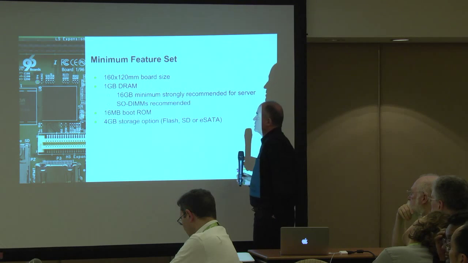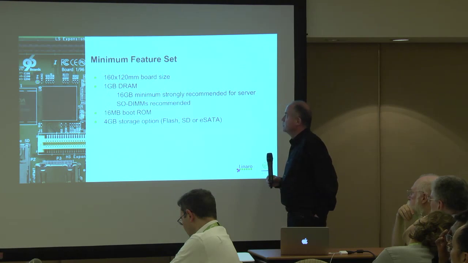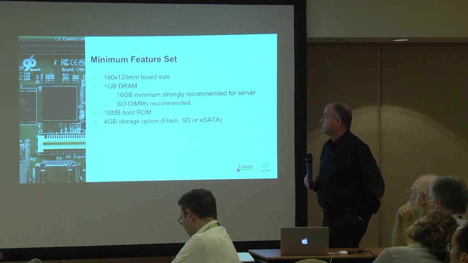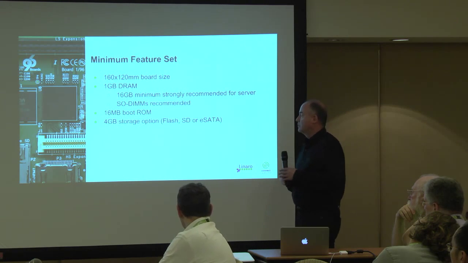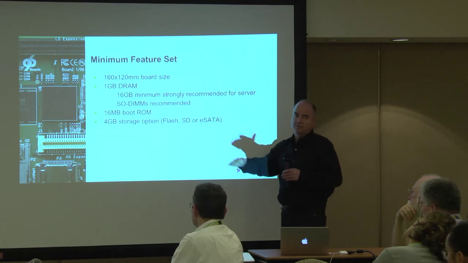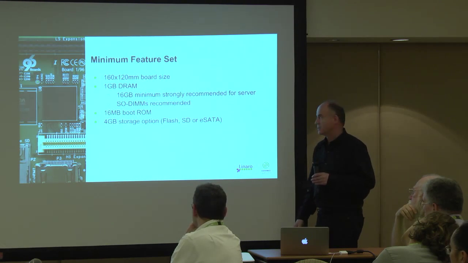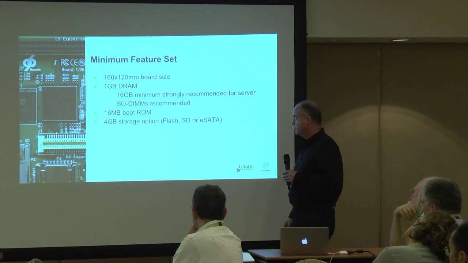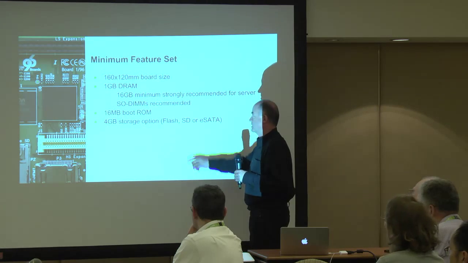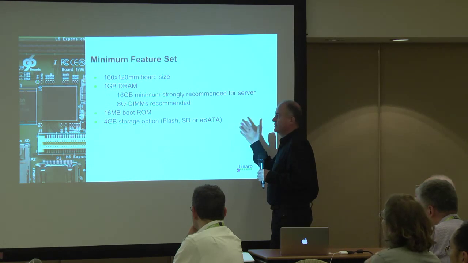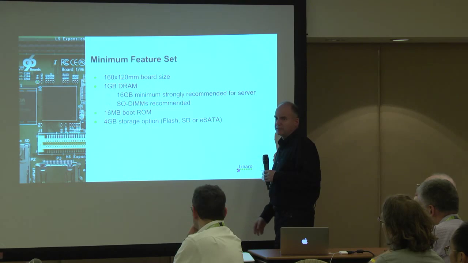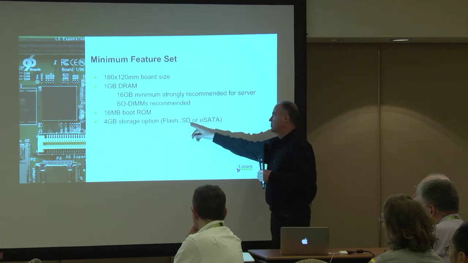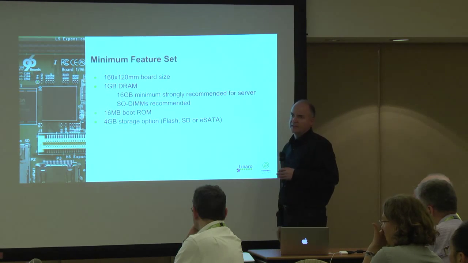But at the moment, the board spec is 160 by 120 board size, must have a gigabyte of RAM with 16 gigs strongly recommended, and we recommend SODIMMs so users can configure price and storage to their own requirements. You must have at least 16 megs of boot ROM, and you must have somewhere where you can put 4 gigabytes of storage, either flash on board or an SD card on board or an eSATA interface.